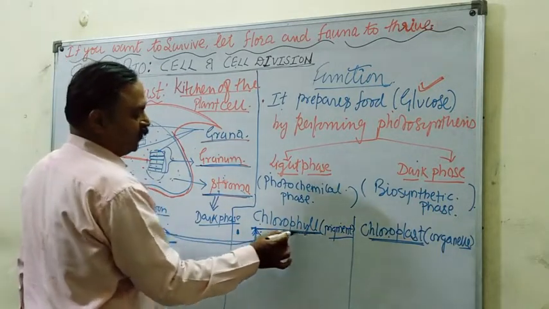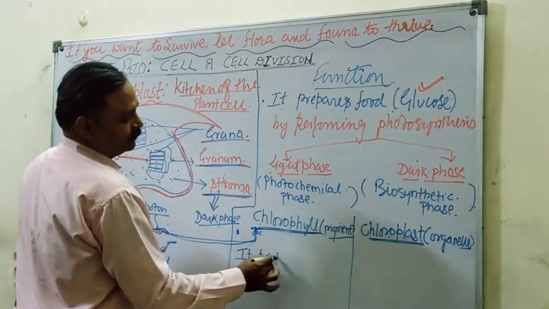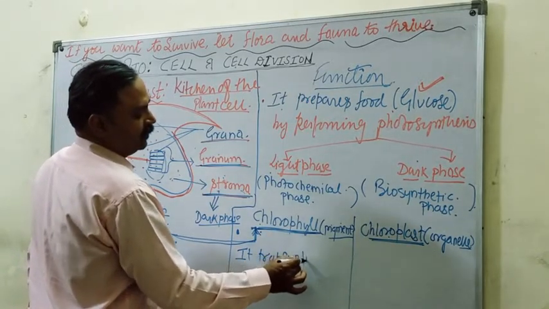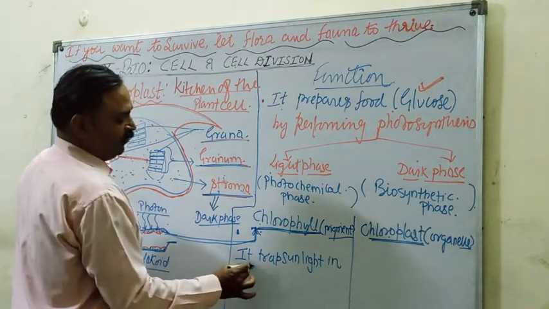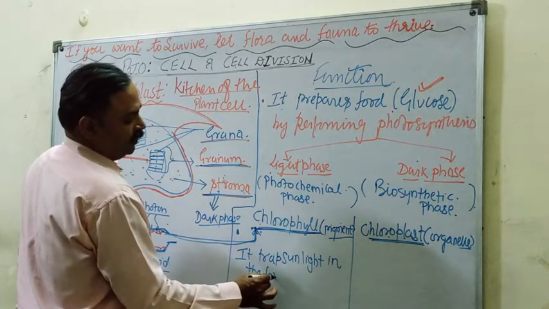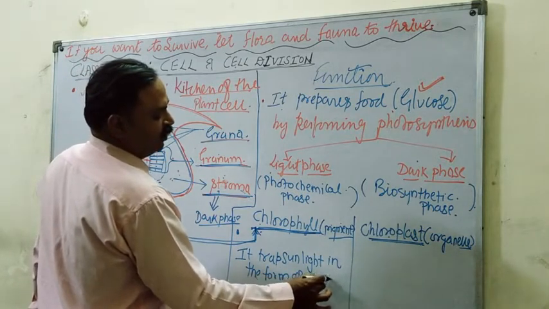The function of chlorophyll is to trap sunlight in the form of photons, that is the unit of light.